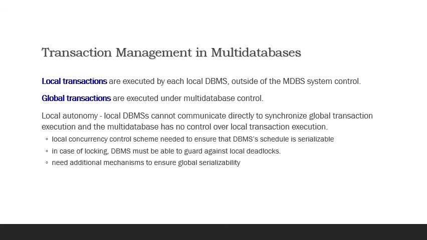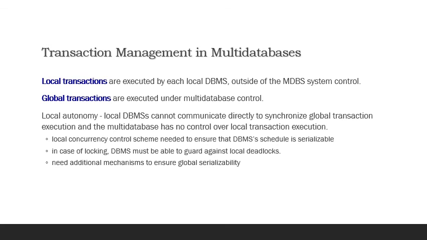Now let's see transaction management in multi-databases. A multi-database system supports two types of transactions. First one is local transactions. These transactions are executed by each local database system outside of the multi-database system's control. Second one is global transactions. These transactions are executed under the multi-database system's control. We have local autonomy. Local DBMSs cannot communicate directly to synchronize global transaction execution, and the multi-database has no control over local transaction execution.